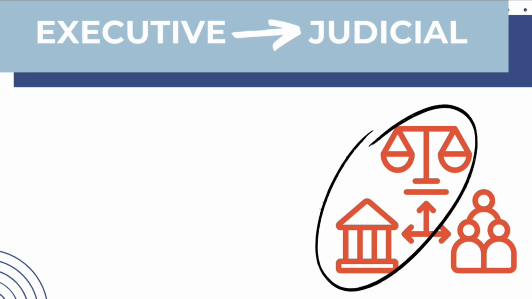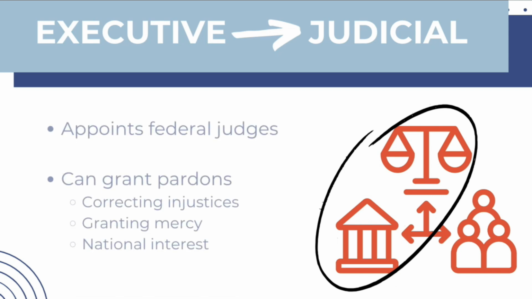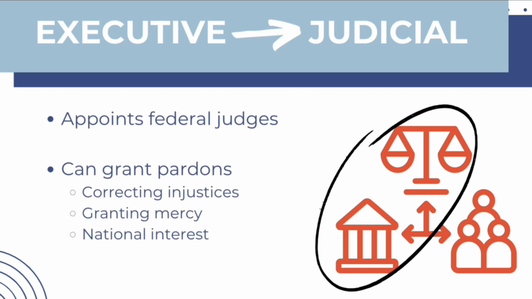So now we have the executive branch checking in on the judicial branch. The executive branch appoints the federal judges as well as grants pardons. I like to think about granting pardon like giving a little bit of grace.